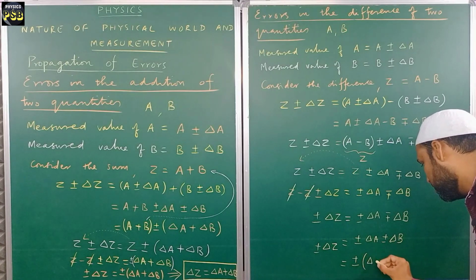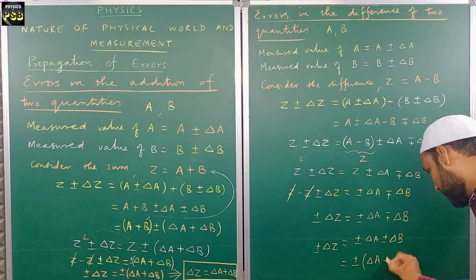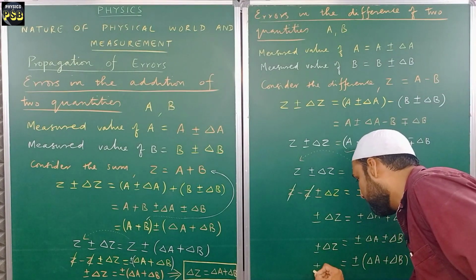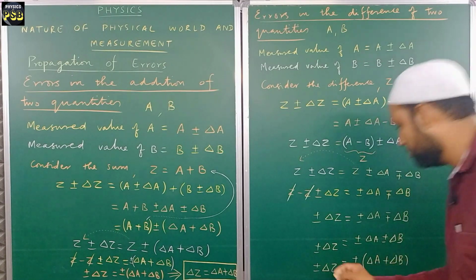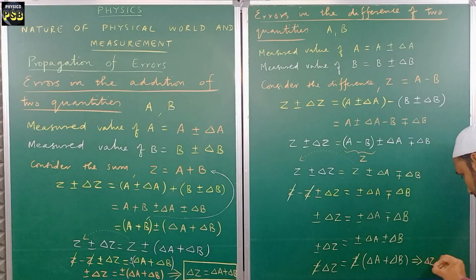So plus or minus, when taken out as common, I get delta A plus delta B. Okay. So these two symbols on both sides disappear. And what we obtained is nothing but this: delta Z equals delta A plus delta B.